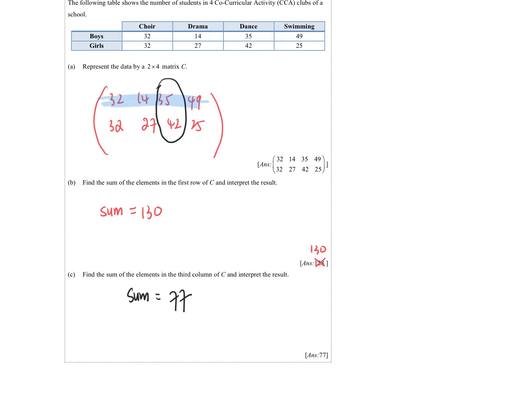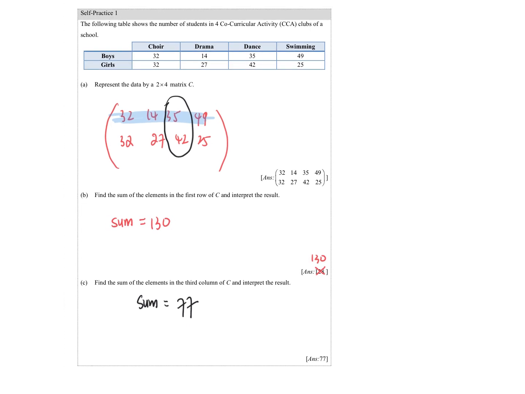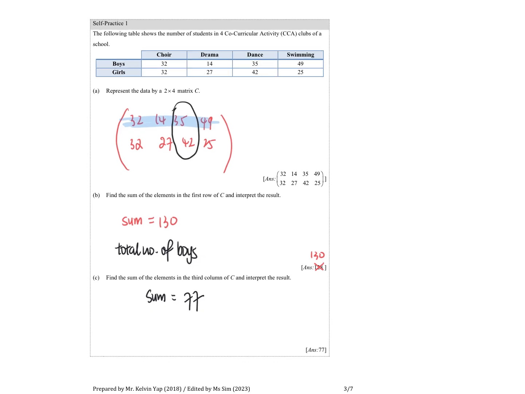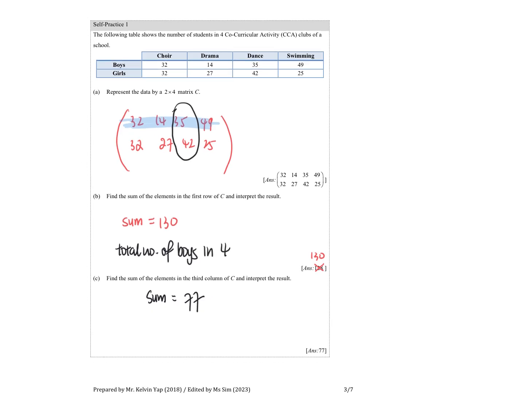So the first column means the total number of boys in 4 CCA clubs in school.